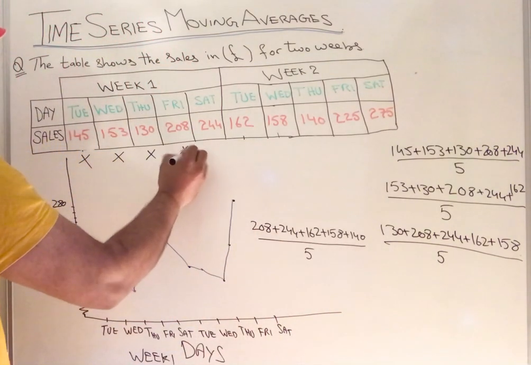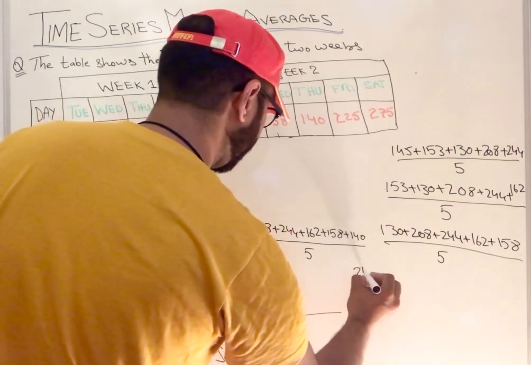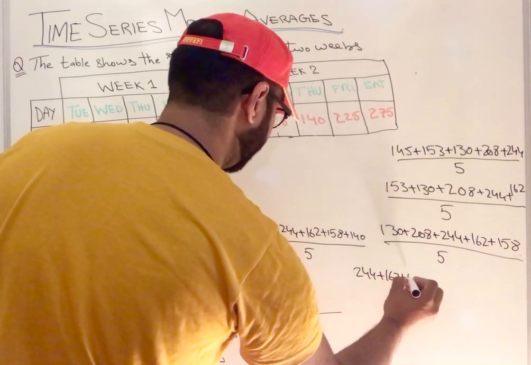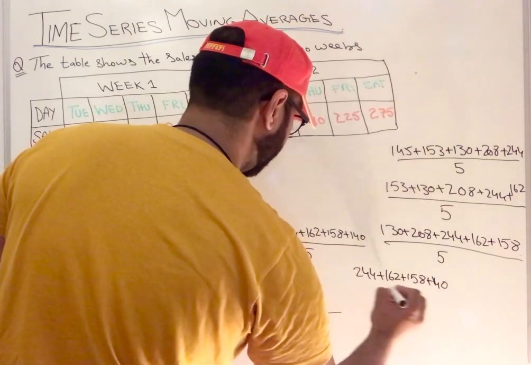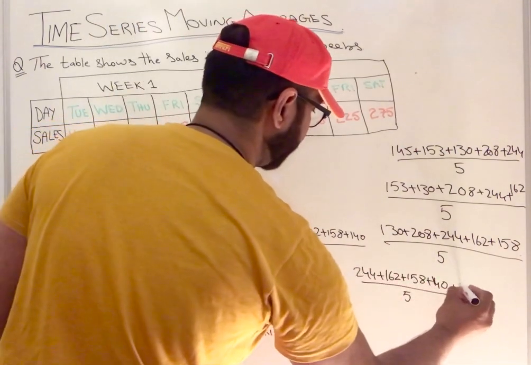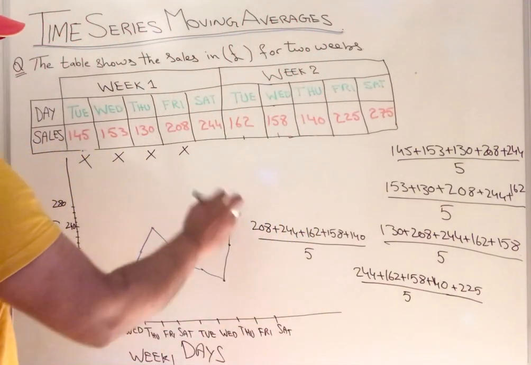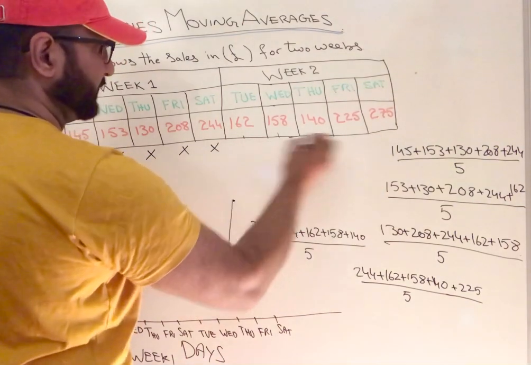So we need to remove that one and go further down. We need to find that value, and then we remove that one. So next 5, that one.